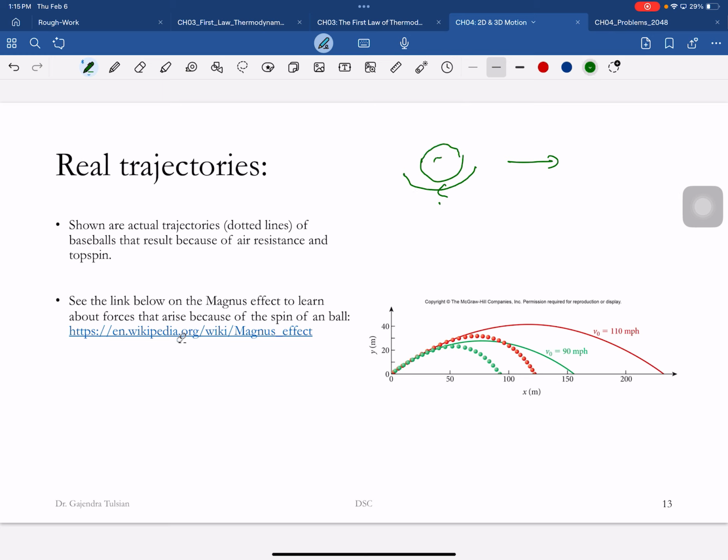okay, if the ball is given a spin, this air is traveling faster than this air, and the pressure here is lower, and so there is a net force in this direction. So there's the force of gravity and this force due to the spin of the ball.